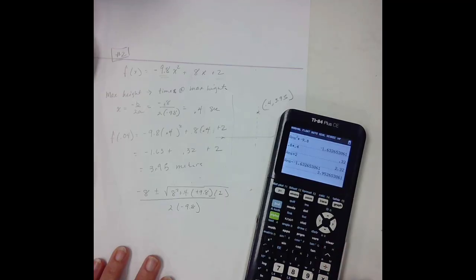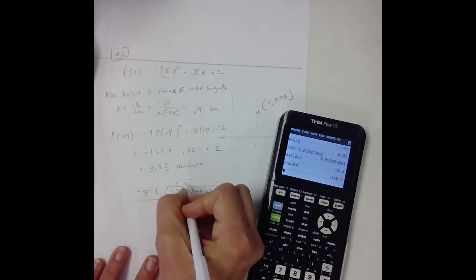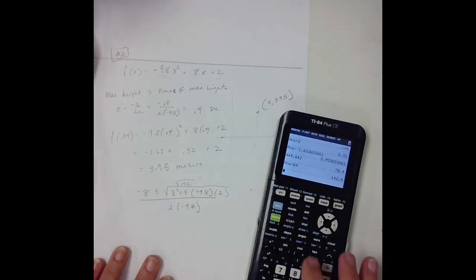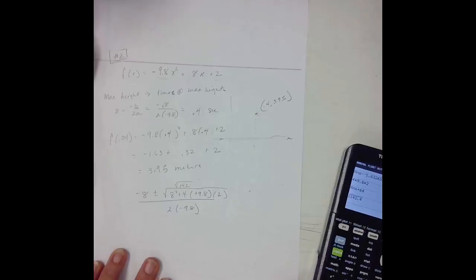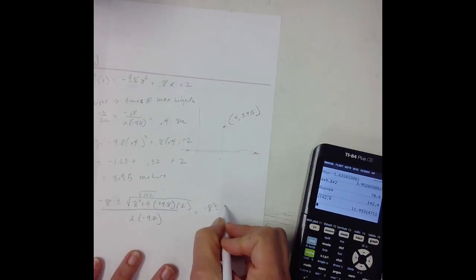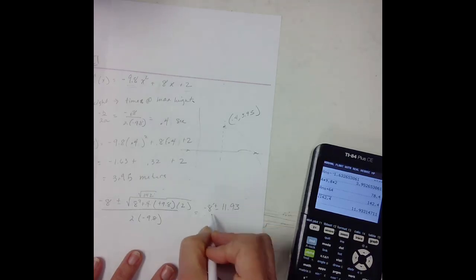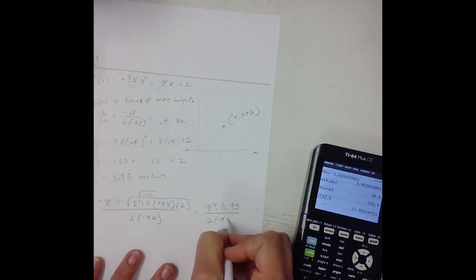Let me clear. I'm going to go 4 times 9.8 times 2, and I'm going to get 78.4, plus then 64. And so I have the square root of 142, and so that's going to end up being 11.9. So I actually have a negative 8 plus or minus about 11.93, all over 2 times a negative 9.8.